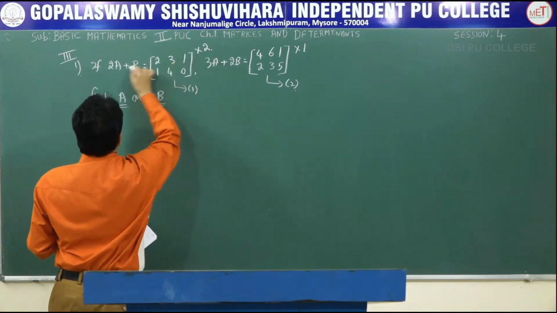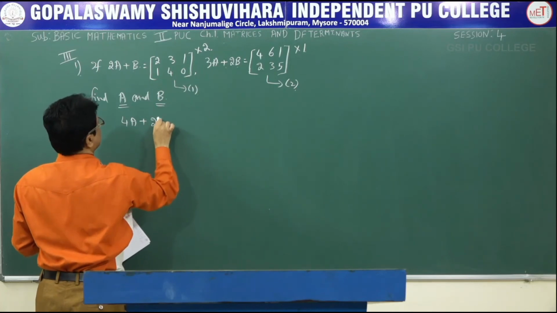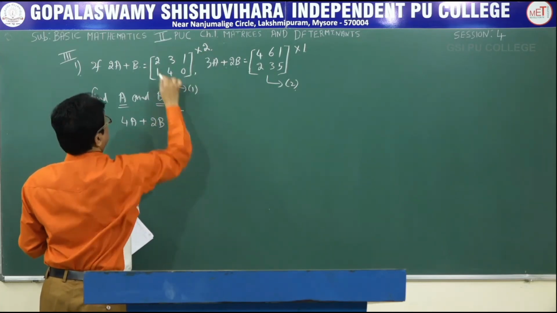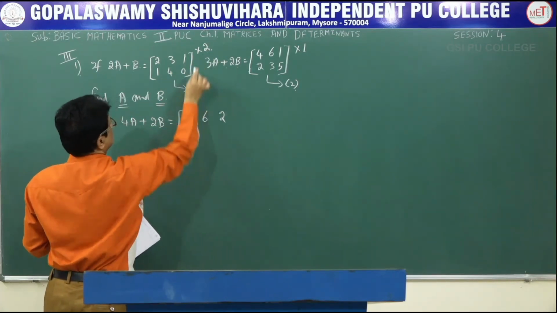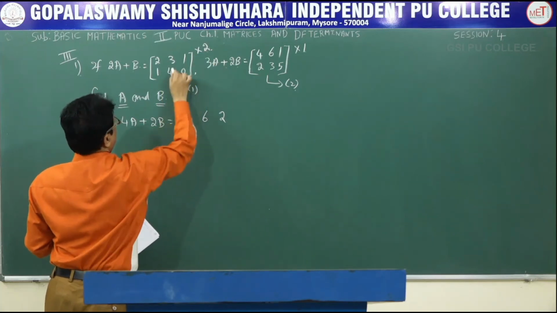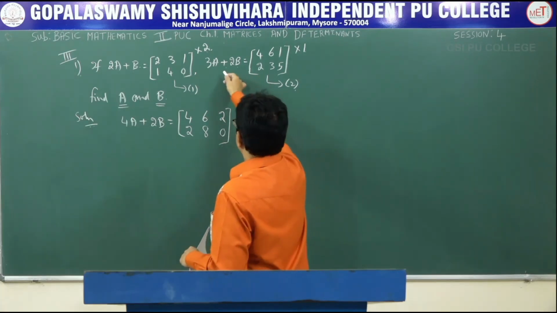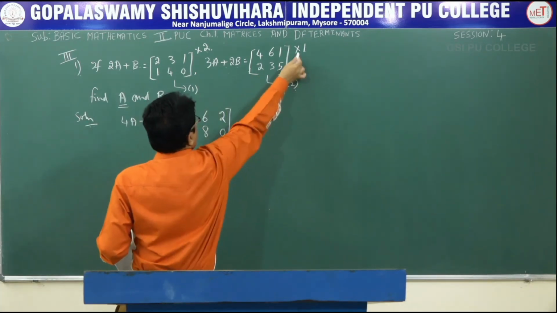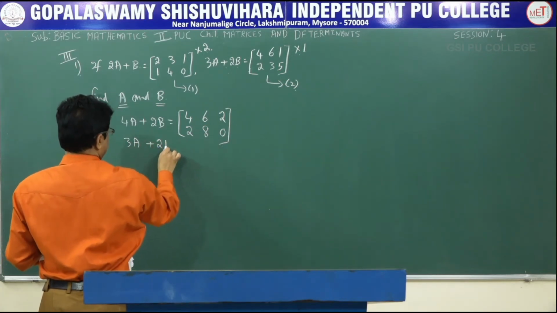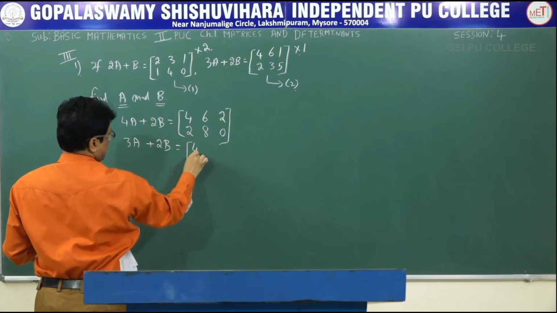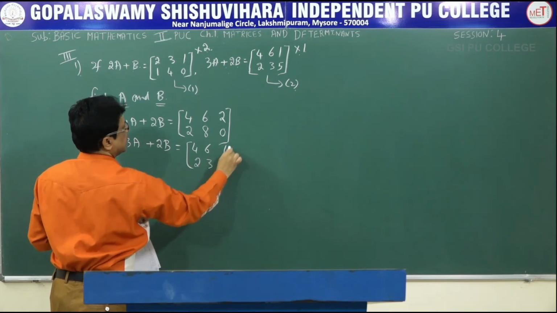So 2 into 2A, 4A plus 2 into B, 2B, that will be equal to 2 into 2 is 4, 2 into 3 is 6, 2 into 1 is 2, 2 into 1 is 2, 2 into 4 is 8, 2 into 0 is 0. The second matrix equation we multiply by 1. So 3A plus 2B is equal to [4, 6, 1; 2, 3, 5].